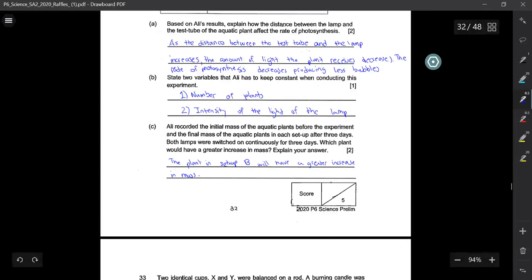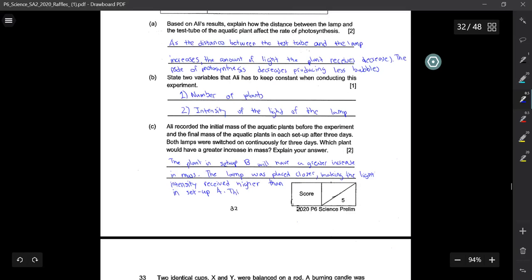And then the lamp was placed closer, making the light intensity received higher than in setup A, right?